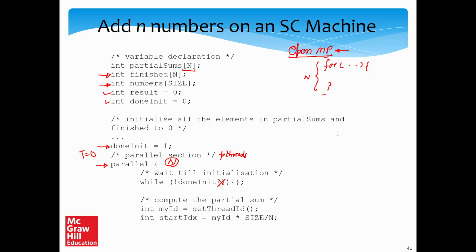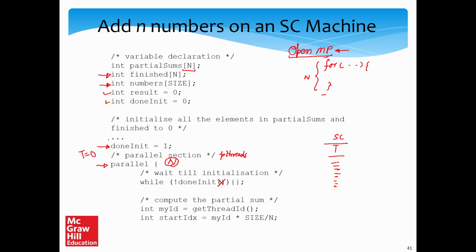So what does sequential consistency say? It says that given a thread, all the reads and writes in the thread follow the program order. So this completes and then we start this. But since we have separate threads, it is possible that we try to read something from the partial sums or finished array, and these accesses are not fully done yet, because SC does not maintain any ordering across threads.